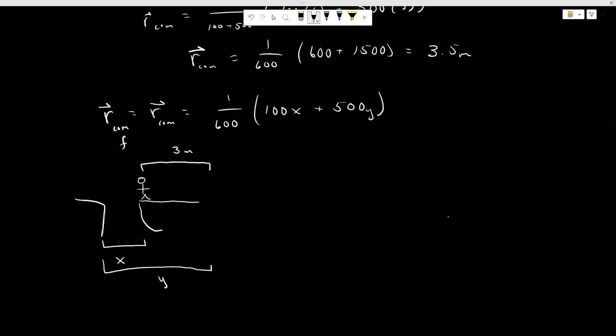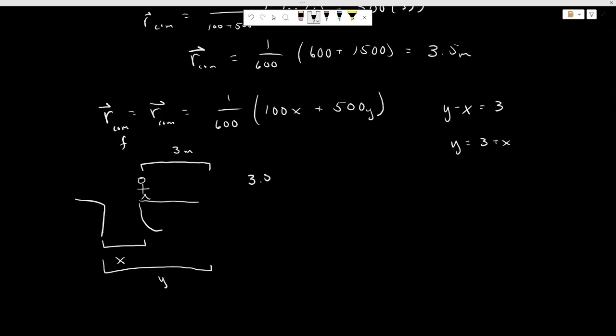So now I know that y minus x is equal to 3. Because the boat is 6 meters long, its center of mass is at 3 meters, the person is on the other side of the boat, so they're 3 meters away from the center of mass of the boat. And now I can use this to solve this. So if I do y equals 3 plus x, I can plug that in.